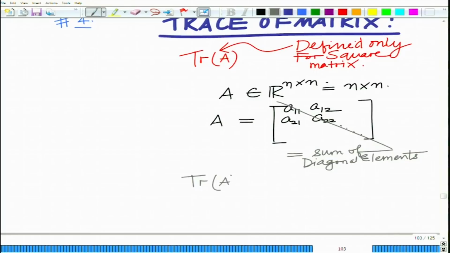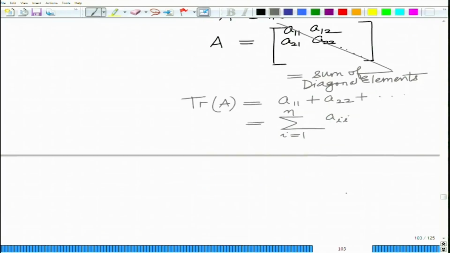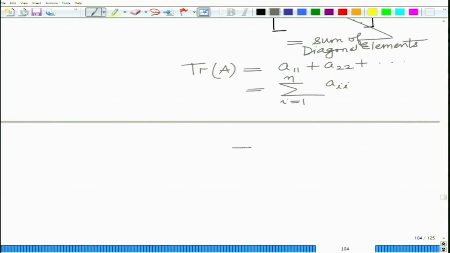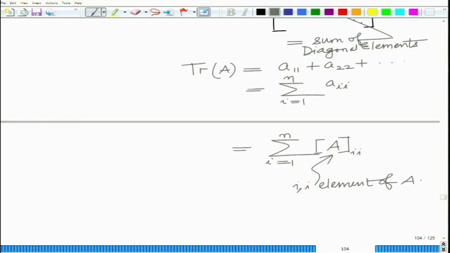So, trace of A equals A11 plus A22 plus so on, that is, the summation from i equals 1 to n of A_ii, which can also be denoted as the summation i equals 1 to n of the (i, i) element of A. This notation basically denotes the (i, i) element of the matrix.